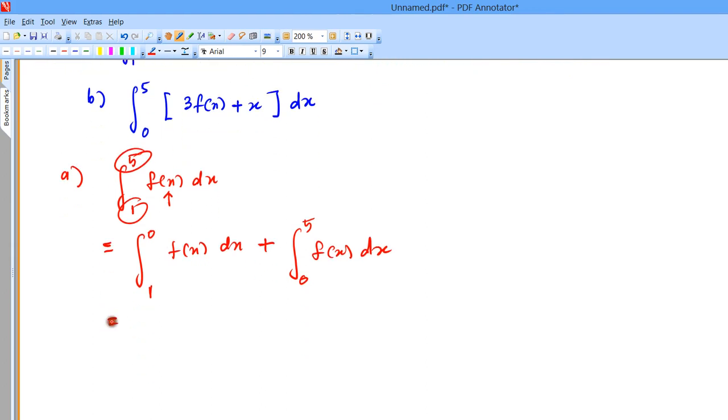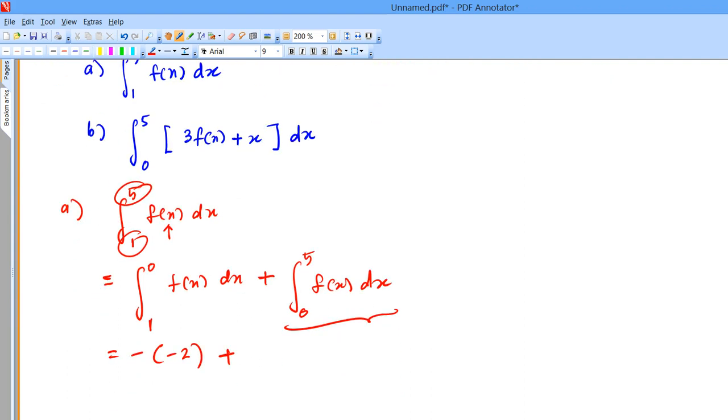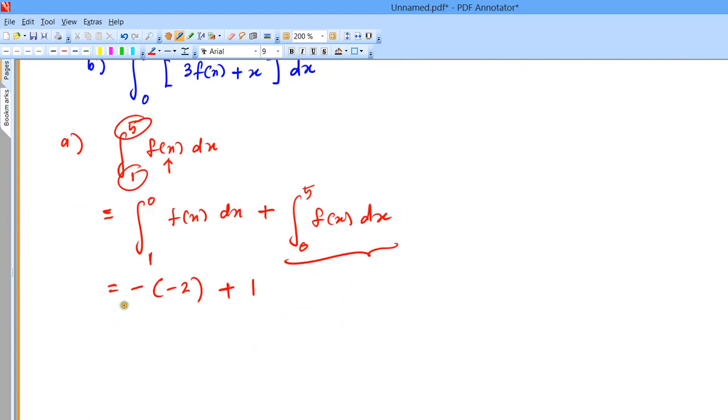So it equals negative of -2, plus the second term, integrate f(x) from 0 to 5. Based on the given information, the integral of f(x) from 0 to 5 equals 1. So just plus 1, and then solve: equal to 2 plus 1 equals 3.